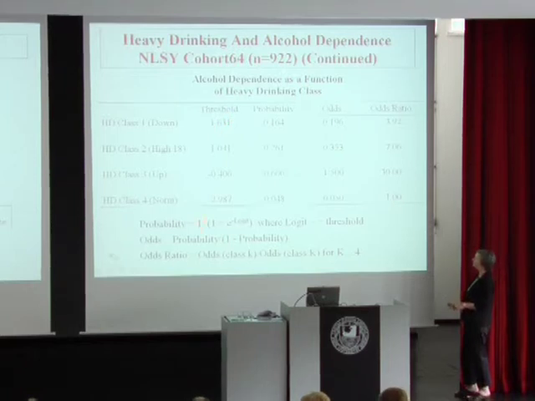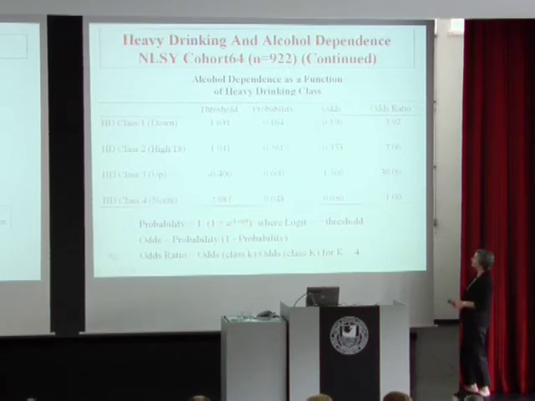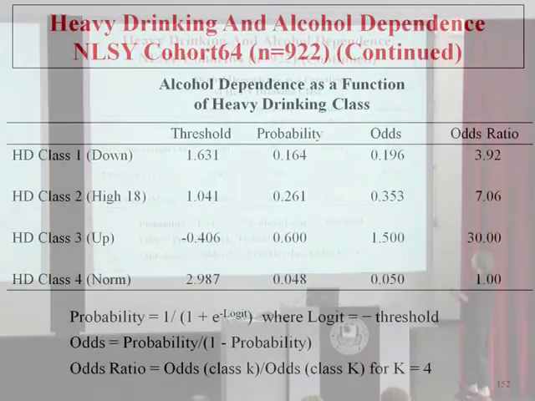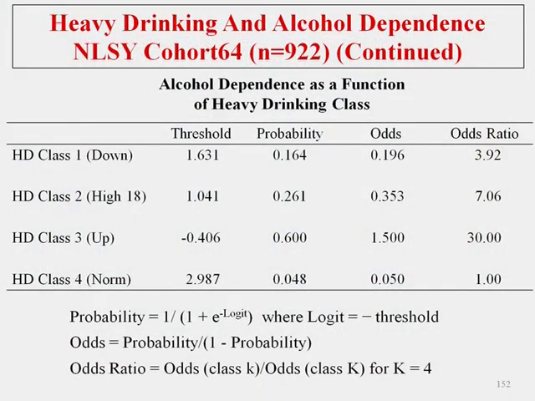So it would be 1 divided by 1 plus e to the 1.631 that would be how we get the probability here. The odds are simply the probability divided by 1 minus the probability, and the odds ratio is equal to the odds for class K divided by the odds for the reference class. So here we get odds ratios, and you can see that for the class that goes up, starts out low and goes up, the odds are 30 times greater for them having problems than for the other classes.